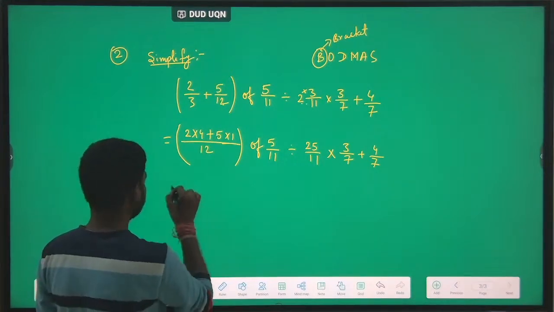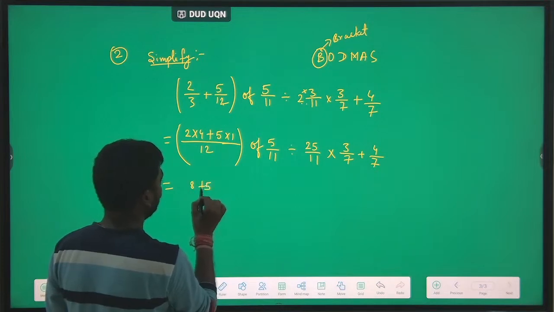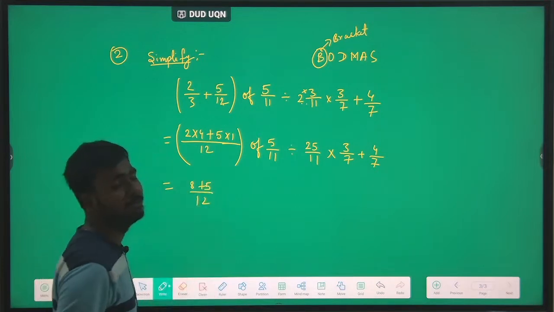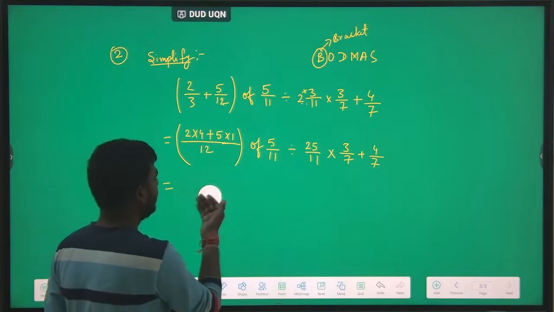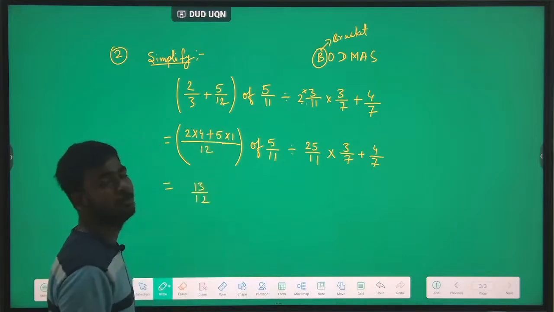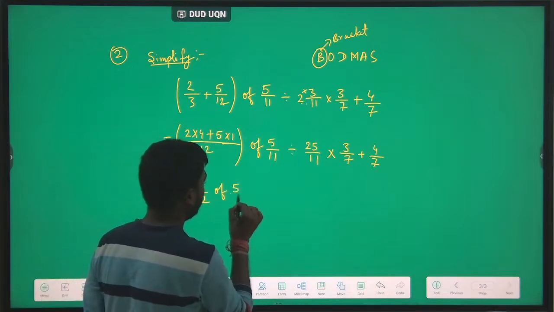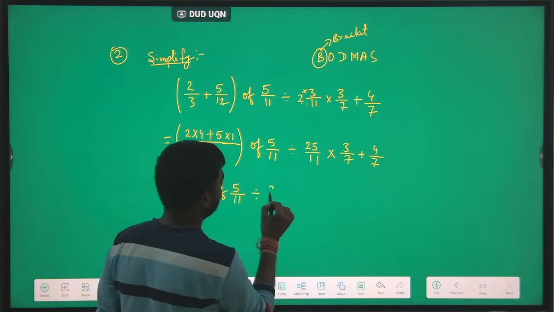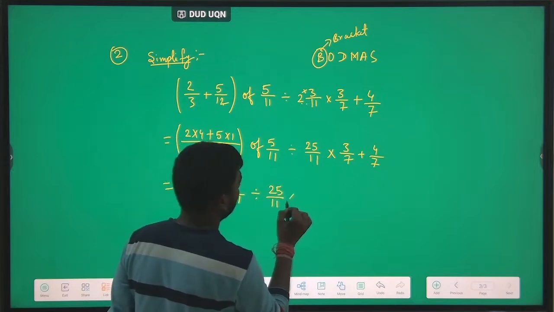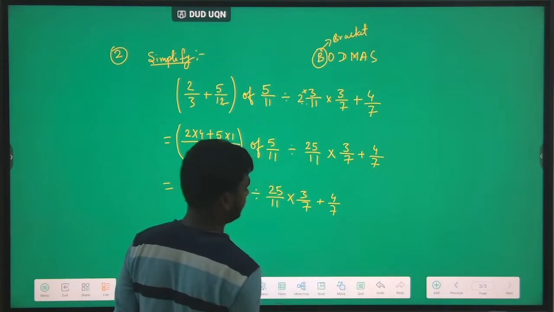Now it will be 2 into 4 is 8, 8 plus 5 is 13, so it will be 13/12. So this bracket part is 13/12, of 5/11 divided with 25/11 multiplied with 3/7 plus 4/7.